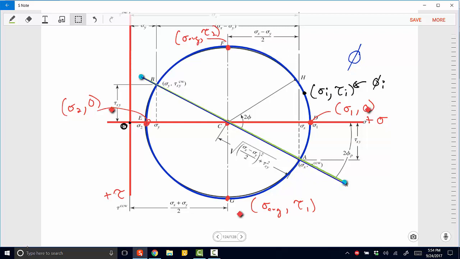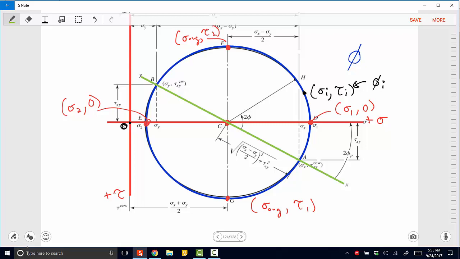And the positioning of this line is very dependent on the shear stress. If this line is going to be above or below the x-axis of this diagram is very much dependent on the shear stress.